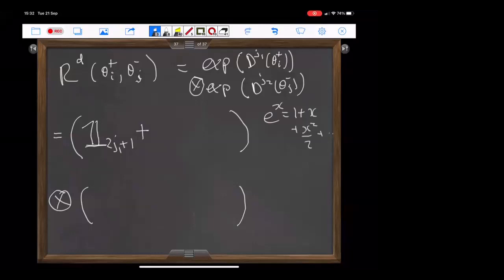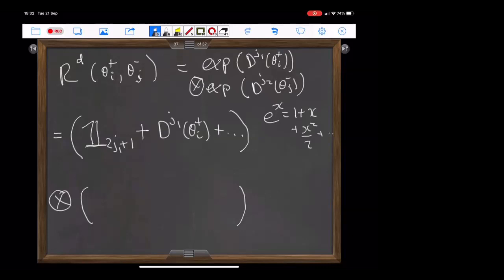So what am I going to get? I need another matrix here now. Yes, in this case we will have DJ1, good, plus all of the other terms.